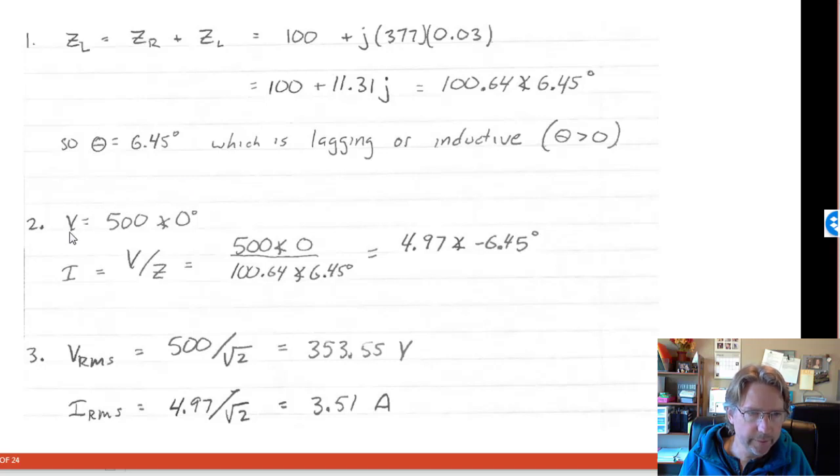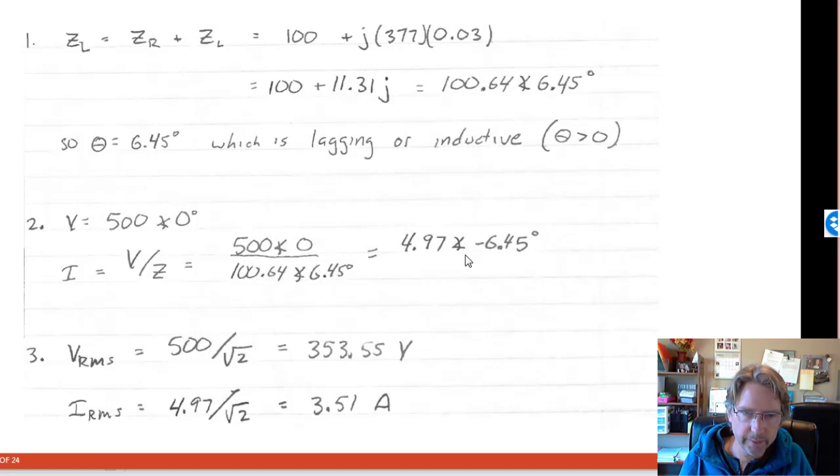Now we can find the phasors for the voltage, which is just given to us, 500 with a phase of 0 degrees. And the current is V divided by impedance. It's Ohm's law for phasors. So if we take 500 with a phase of 0 divided by 100.64 with a phase of 6.45, that's our IM right there, 4.97.